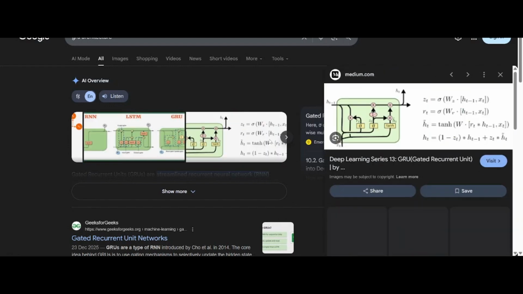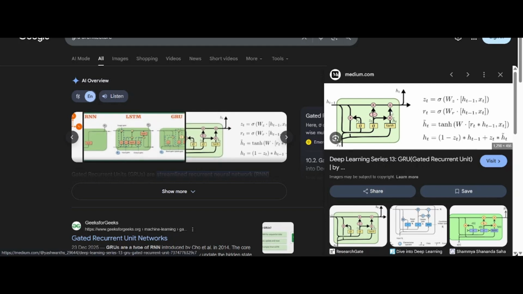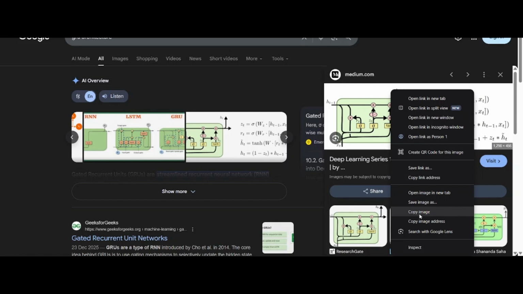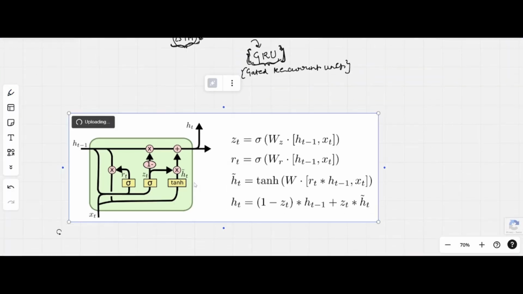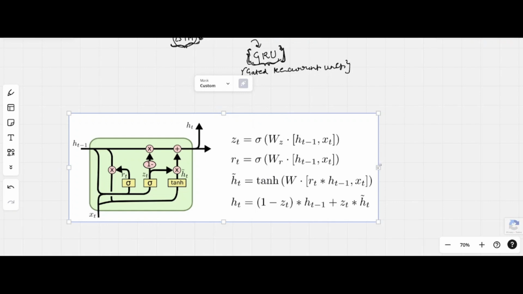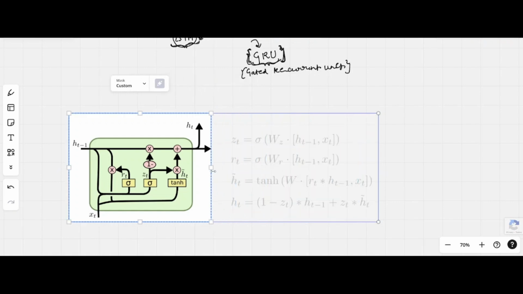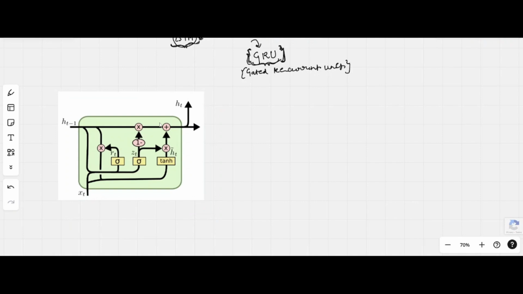This one looks good. Let me copy this image, go back to my whiteboard and paste it here, and crop it a bit because there's some additional information that is not required. This is done. So this is the architecture of GRU.